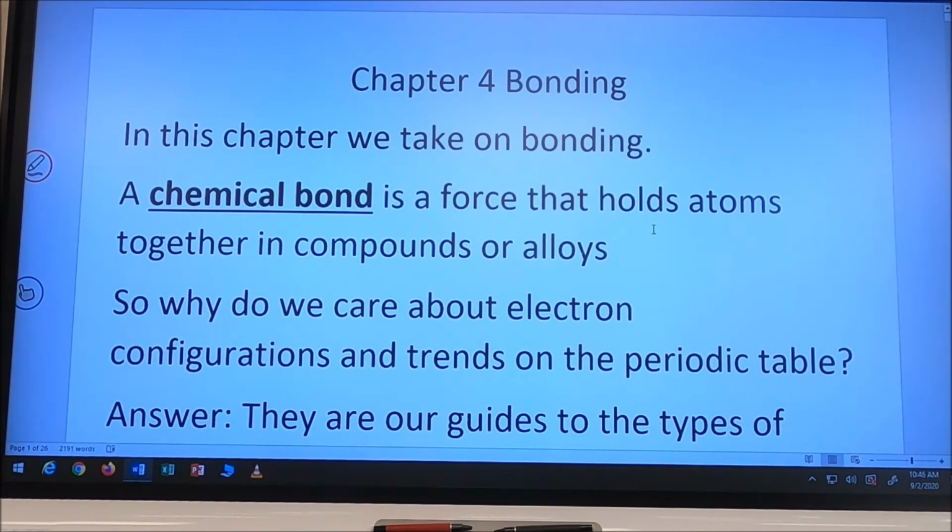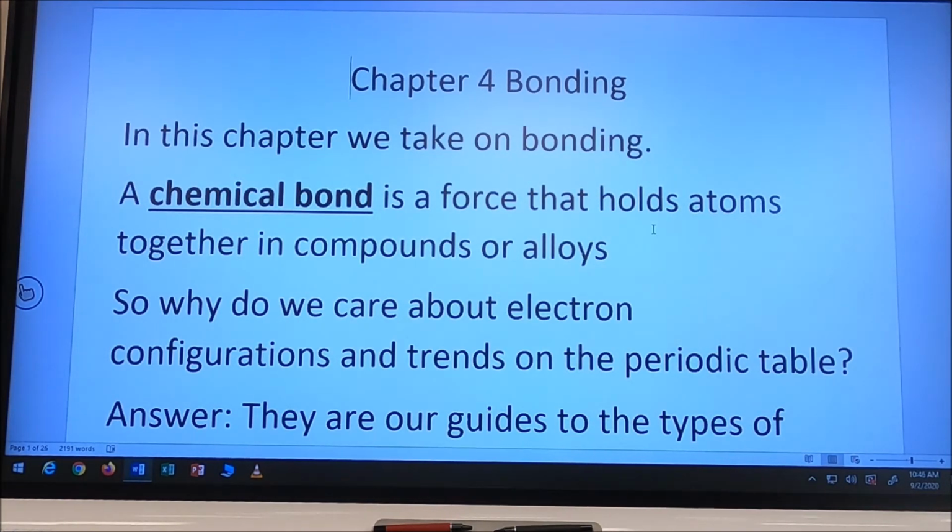Here in chapter 4, we're going to start talking about chemical bonding. Once we understand the electron configurations for the elements, how many valence electrons they have, we can start taking that information about the properties of each individual element, and we can use them to start talking about bonding.